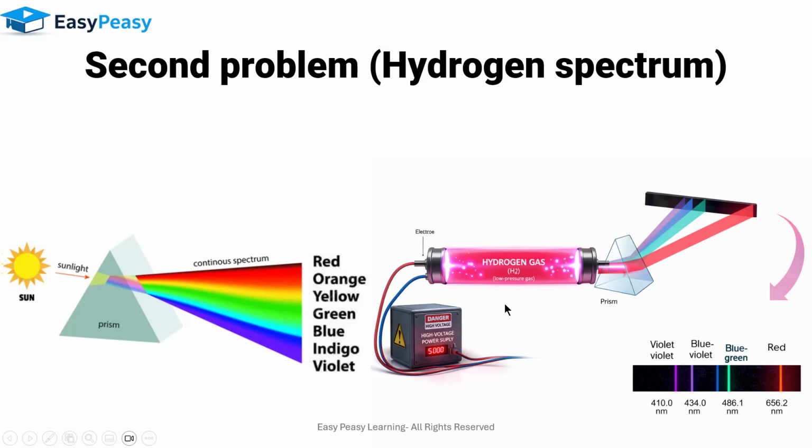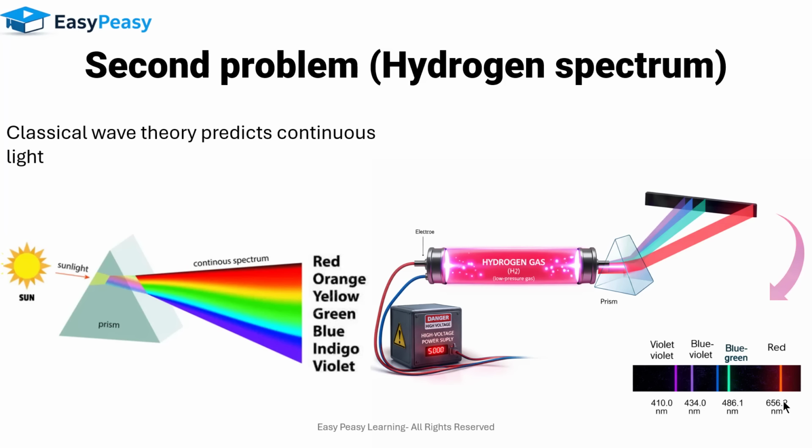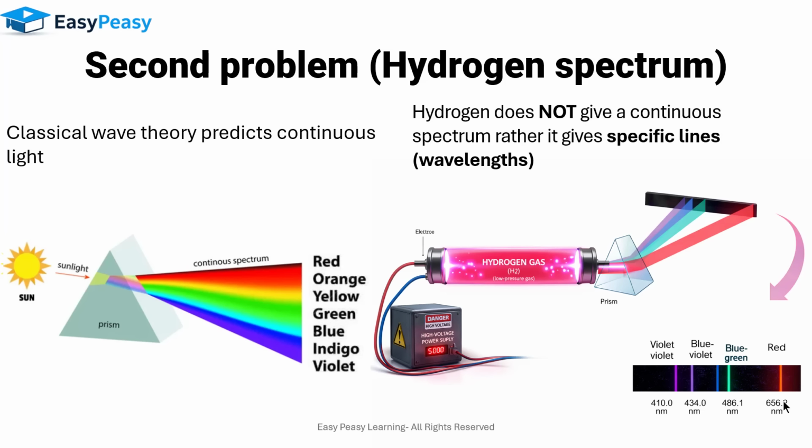Rather, they saw specific wavelength lines that show the line spectrum. At that time, the classical wave theory predicted continuous light, but hydrogen was not following that; rather, it gives specific wavelengths. Again, it was not explained at that time why hydrogen is behaving differently here.